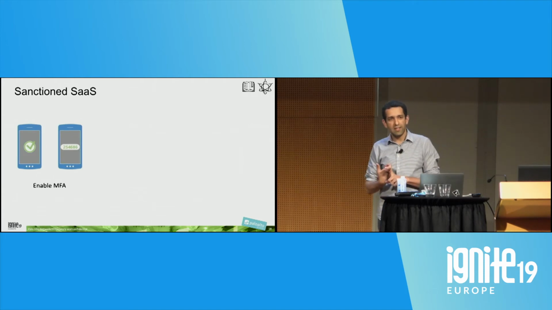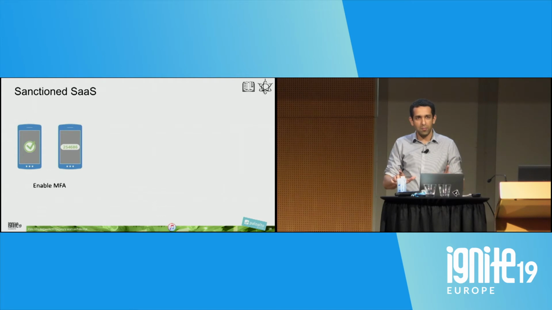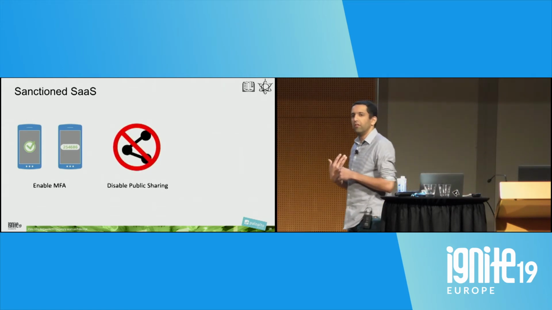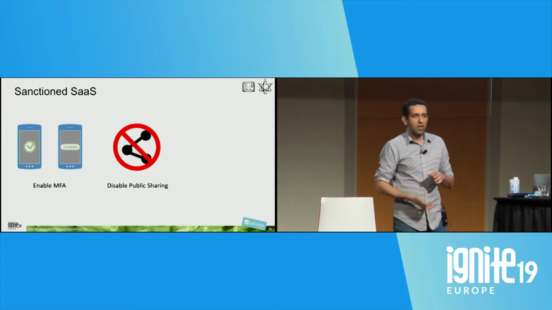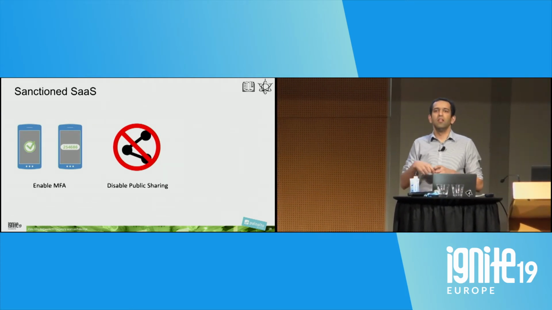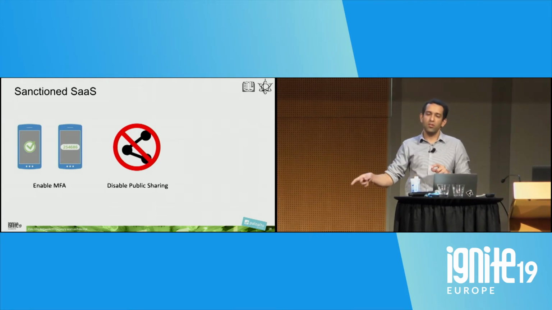On the sanctioned SaaS applications, always do multi-factor auth. Those are your corporate apps. These are apps that contain the crown jewels of your company. So make sure you have multi-factor auth enabled either way. As I mentioned earlier, most SaaS applications or collaboration vendors do have a setting that allows you to disable public sharing. So work with the application team that probably owns this application and make sure this is disabled.